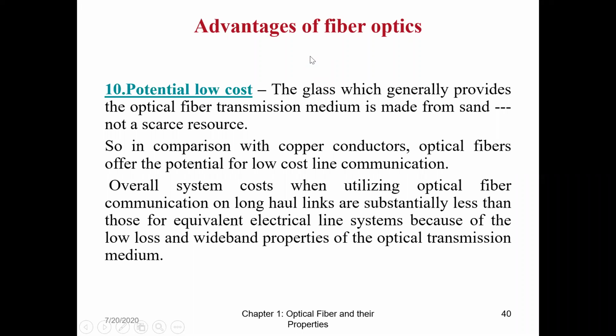Now, in some places, it might be written that it is very costly. Now, fiber is made up of glass. And what is glass made up of? Glass is made up of sand. And you know, sand is not a scarce resource. It is available freely in nature. So in comparison with copper conductor, optical fibers offer the potential for low cost line communication.